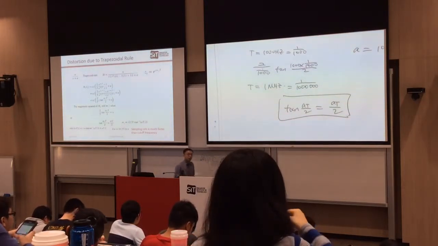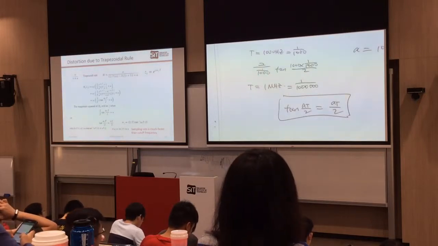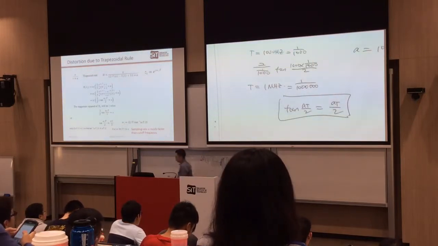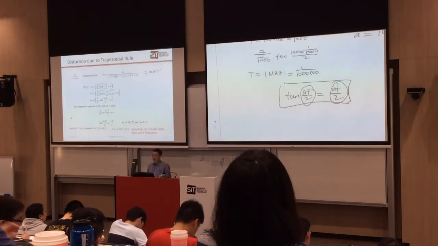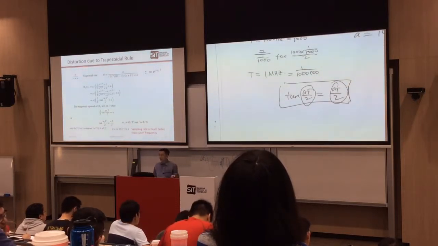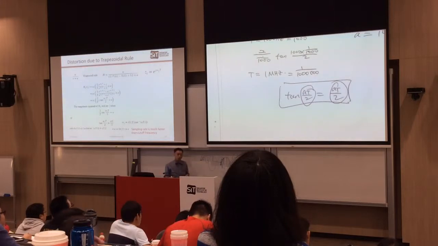Through your math, you know this one will only be equal if the value in between is very small, right? If this one is very small, then they are equal. Otherwise they are not equal. So since they are not equal, there is a certain difference.